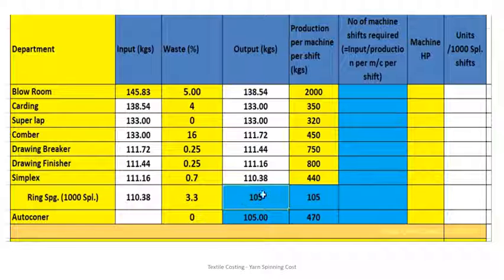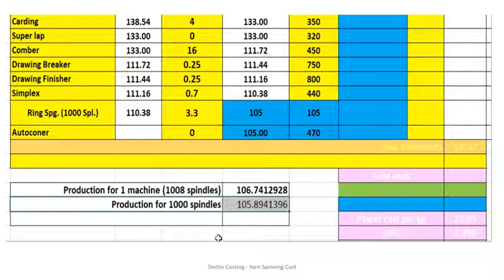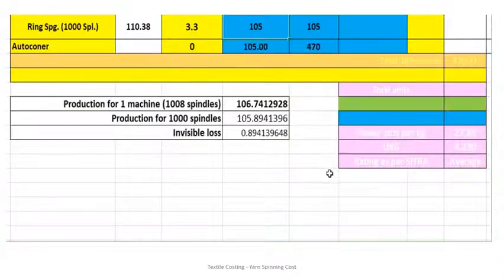Output we have already written, but if we calculate accounting for this waste percentage, we will get 106. This is for 1008 spindles. For 1000 spindles, it is 105. And if it is invisible loss, it is this much value, so we should not take those things into account. For this GPS, we have to write the production here directly from the first calculated value.